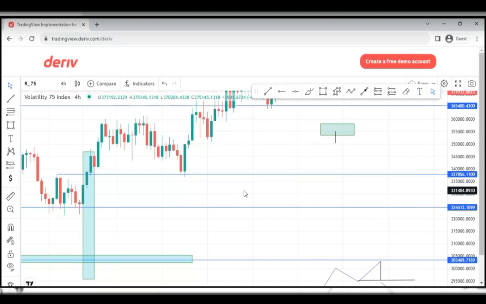Then we have common patterns to look out for to determine trend direction. These are patterns you see at the end of a trend to know where price might want to go next. Number 1, we have the hammer, which we have talked about.